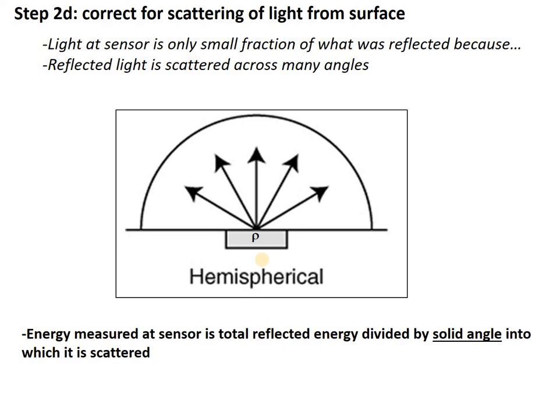So if we assume that our surface is indeed a Lambertian reflector and that scattering is equal in all directions, in other words, the incoming photons are scattered uniformly in all possible directions, then the energy measured at the sensor is the total that was reflected divided by the solid angle into which the light was scattered.